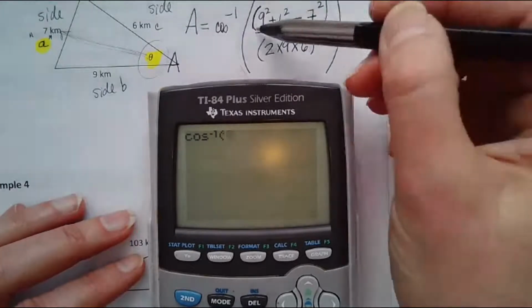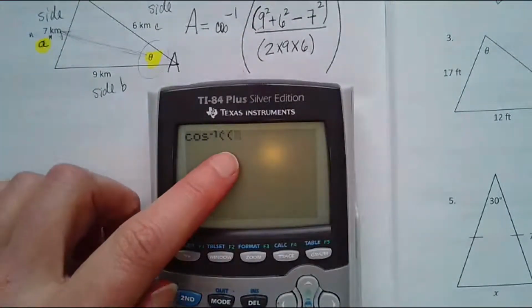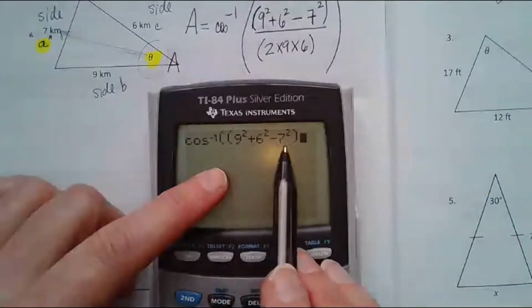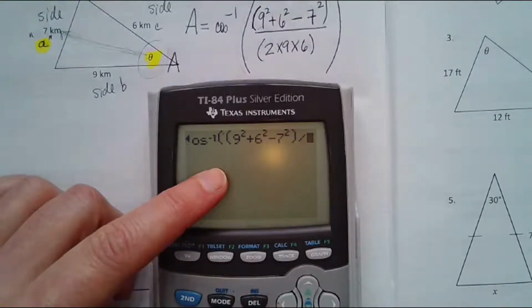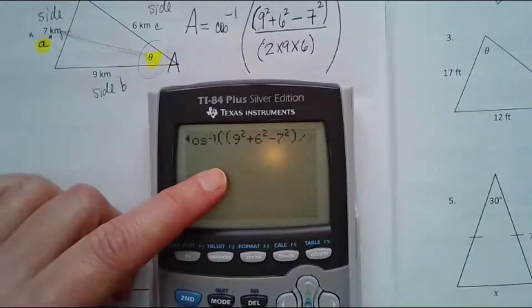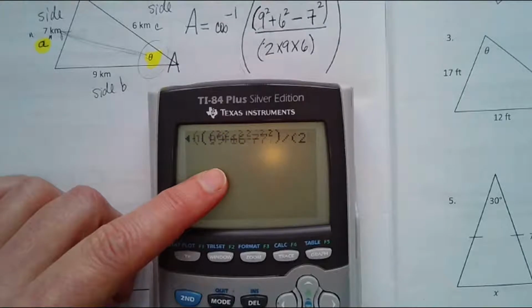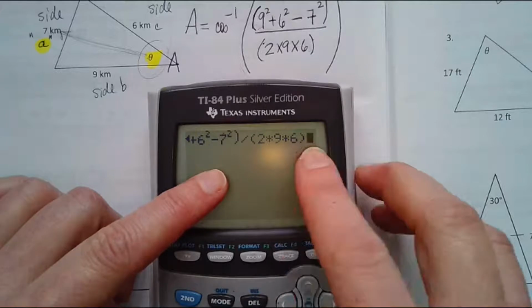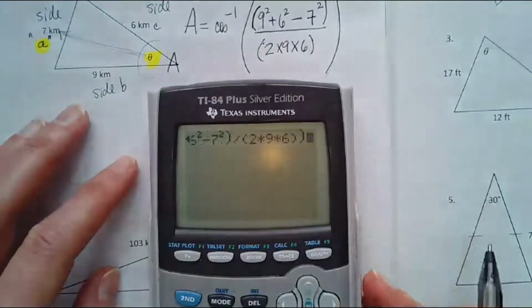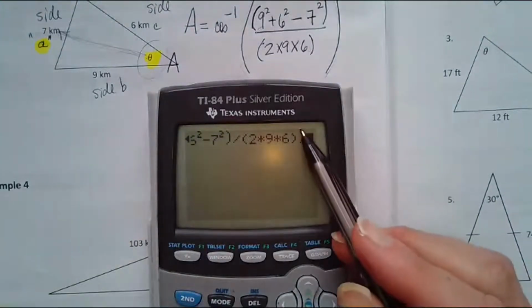But I want my top and my bottom to be in brackets too, so that's why I'm adding this extra set of brackets. 9 squared plus 6 squared minus 7 squared. And I'm closing my top set of brackets. Then I'm doing it divided by, and now I'm doing my bottom set of brackets. 2 times 9 times 6, and I'm closing my bottom set of brackets. And now I'm closing off this big bracket. Okay, you can see that's the big one at the end.